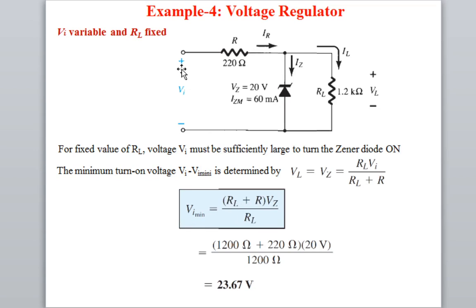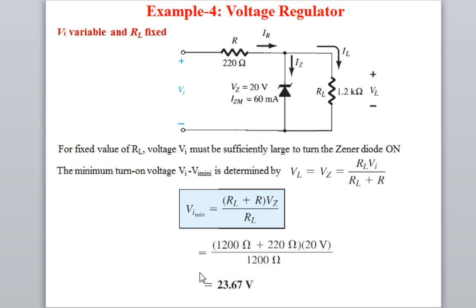So if you find the minimum voltage required from the input that will keep the Zener in conducting state, that is equal to RL, that is 1.2 kilo, 1200 ohm, plus R, that is 220 ohm, multiplied by VZ, that is 20 volt, divided by RL, that is 1200 ohm.